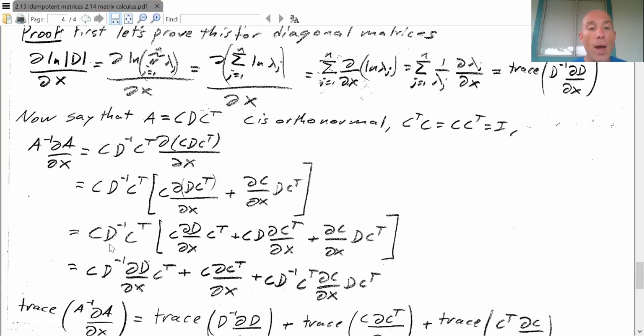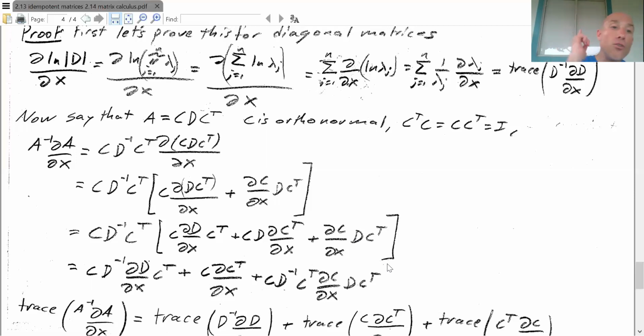I'm going to distribute to each of these. As I distribute, I can see that the C transpose C is going to cancel out. When I distribute here, C transpose C is going to cancel out. And this one's going to be a bit uglier. So now I have C, D inverse, derivative of D, C transpose, C, and the derivative of C transpose. And then I've got something a little bit juicier.